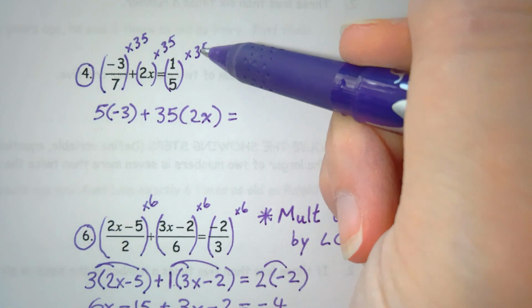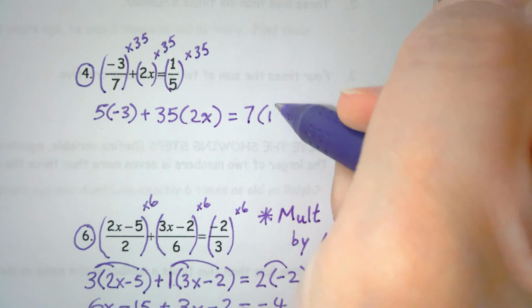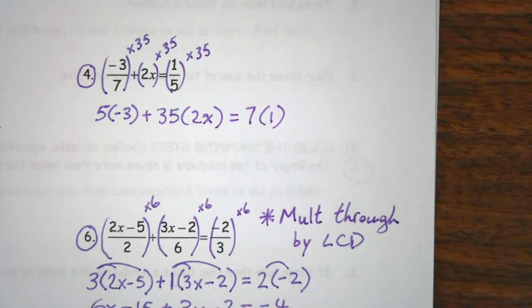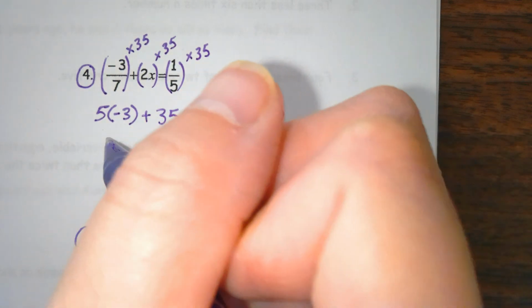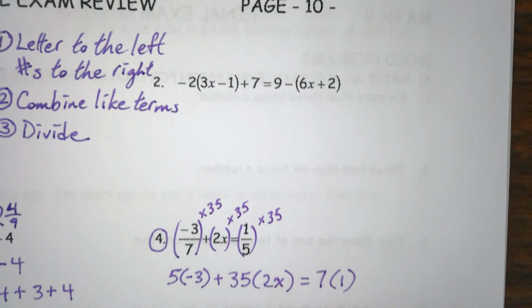And then 35 divided by 5, 7. So 7 times 1. All right, take 30 seconds, finish this up for me. I'm going to hide my answer. Here, I'll show you guys up to here.